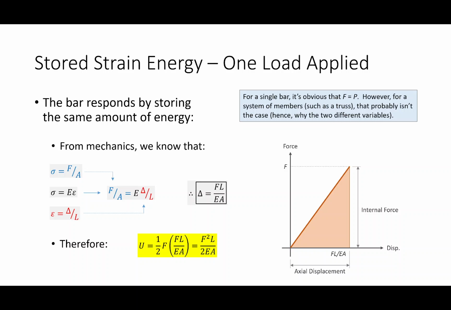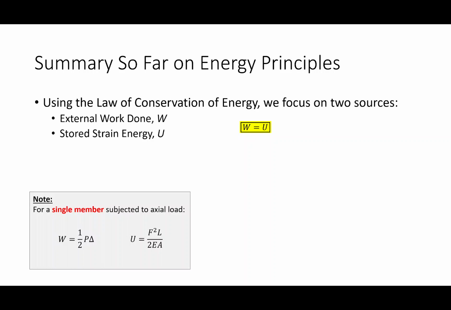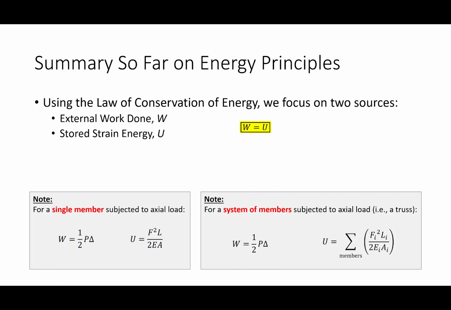Everybody okay with that? So, all right, let's walk through this, okay? The external work has got to equal the stored energy. So what I can do is say the external work is 1/2 P delta, the internal energy is F squared L over 2EA. So just solve for delta. And I can do the same thing for a system of members.